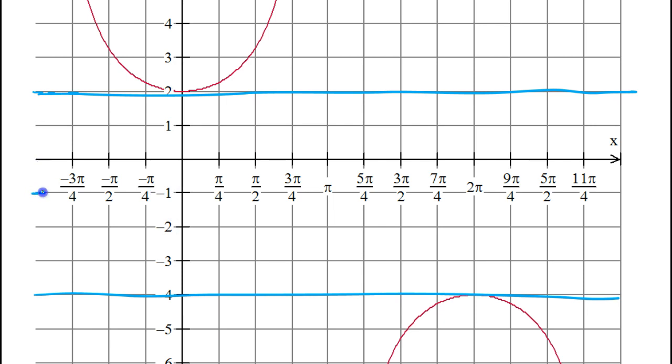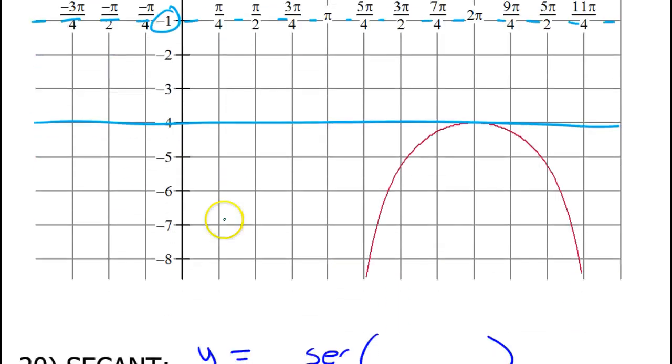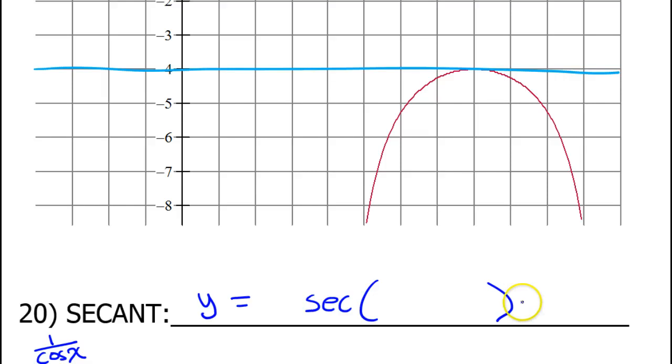So this should be the midline right here. Which also means that the A value should be up 3 and down 3. So the midline is here at -1. So that tells me that I need a -1 at the end of my graph.